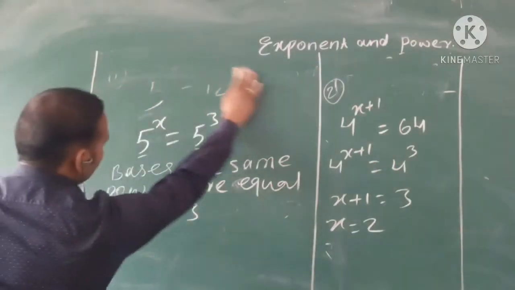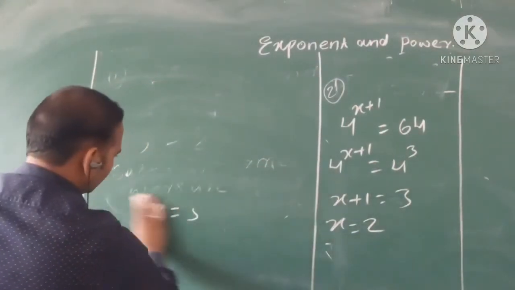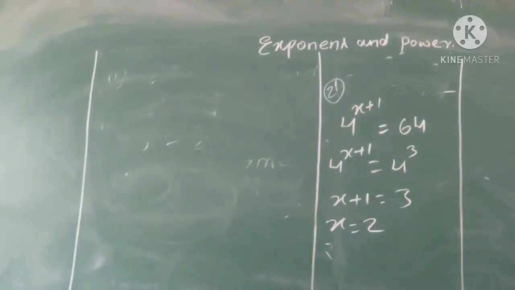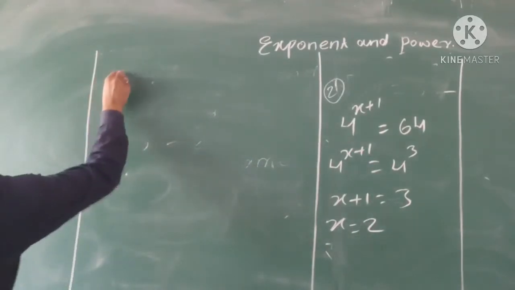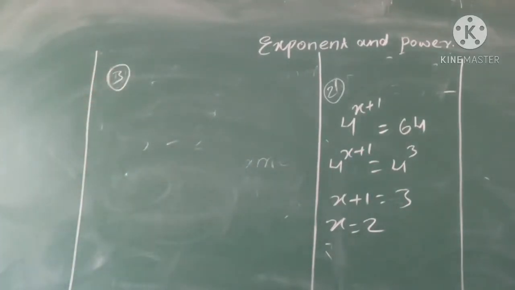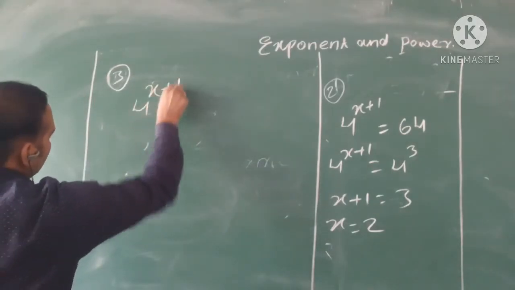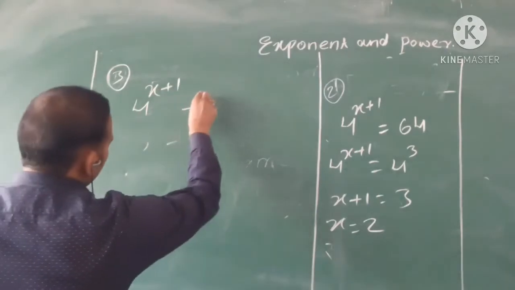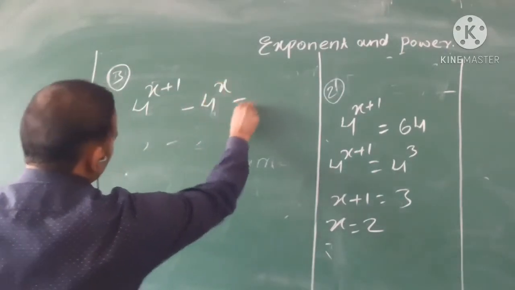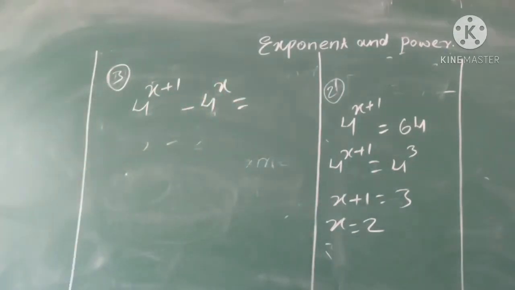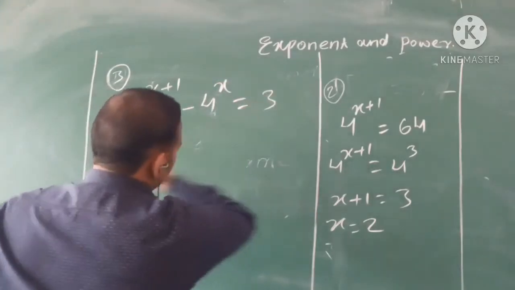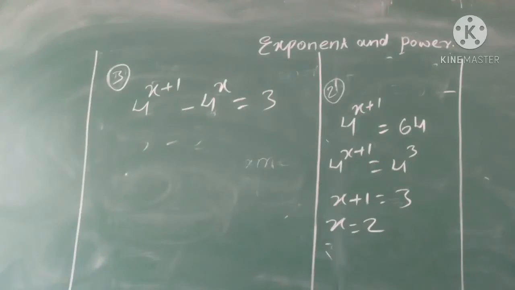The next problem is number 5. Suppose a problem like 4 to the power x plus 1 minus 4 to the power x is equal to 3. How to solve it?